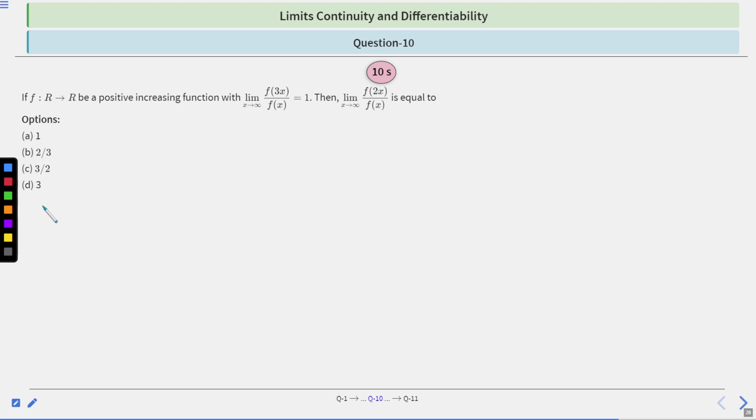In the sandwich theorem, we know that if a ≤ b ≤ c, and the limit of b and the limit of c are both z, then the limit of a will also be z. So we can apply the sandwich theorem here. You have 10 seconds to solve this question. After 10 seconds, we will discuss the solution.